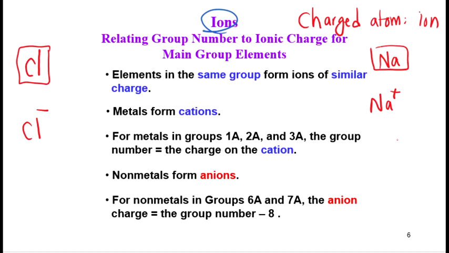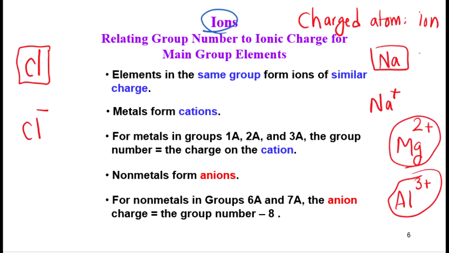You may write Mg2+, Al3+. They are examples of positive ions, examples of cations, because we call positive ions cations. Negative ions: Cl-, O2-, N3-. They are examples of ions.